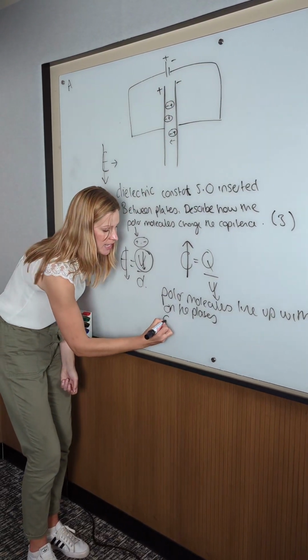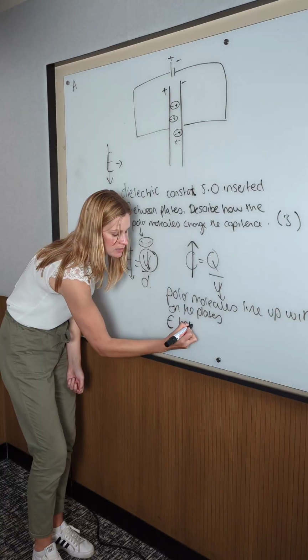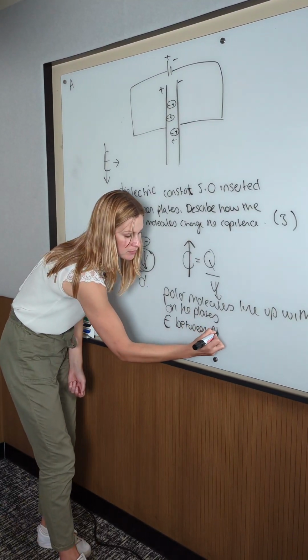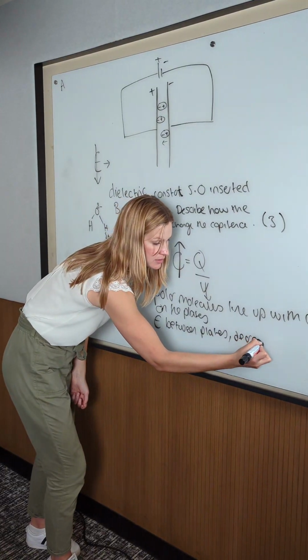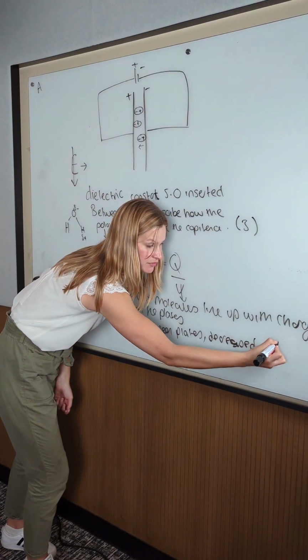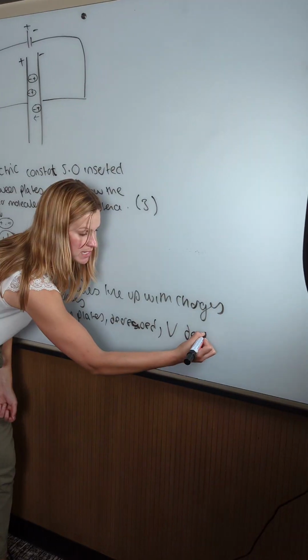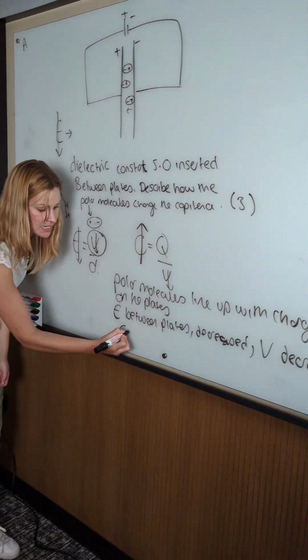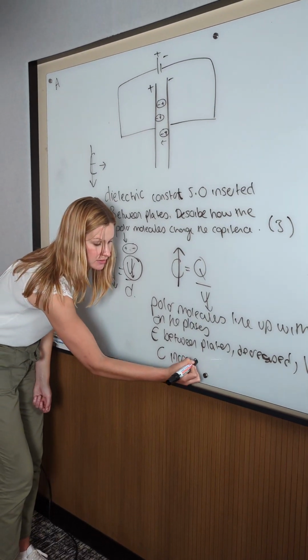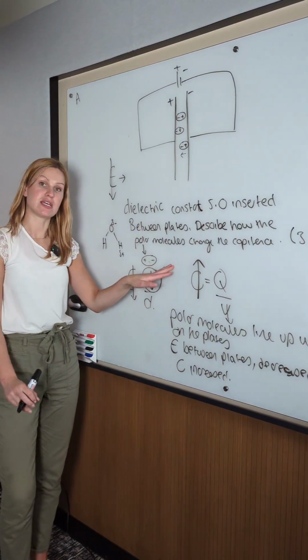Then I know that the electric field between the plates is decreased. I know that the potential difference is decreased between the plates. So then overall, what's happening is that my capacitance has increased. Okay, and those are my free marks there, so that's grand.